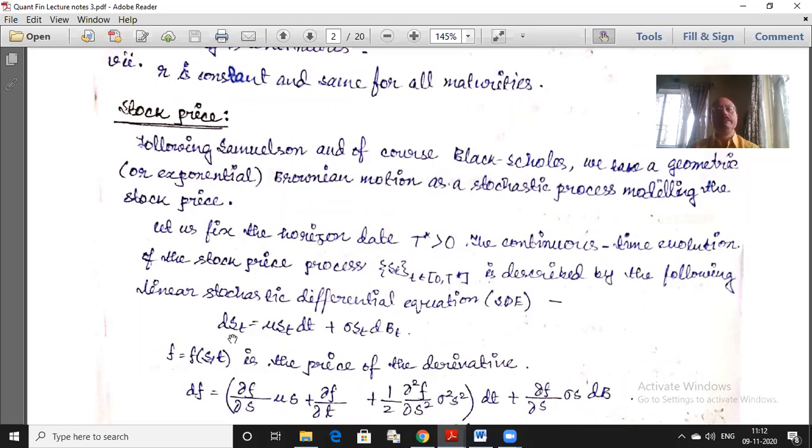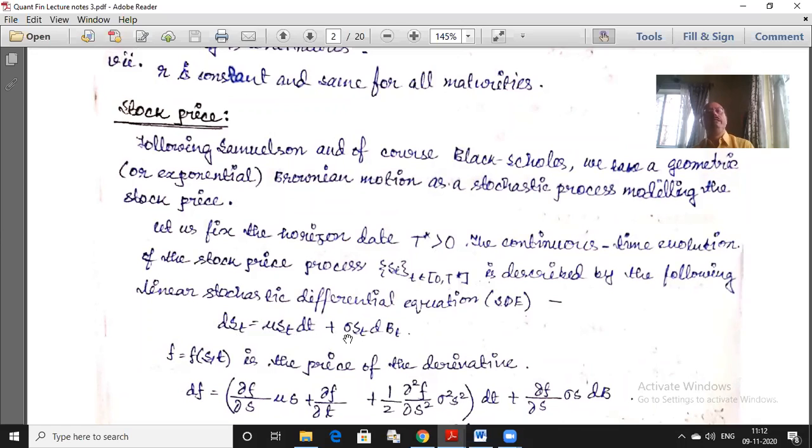So my model is dS_t by S_t. So I can write this S_t on this side, or I can divide dS_t by S_t. So that is given by mu times dt. So this is the dt part. This is my u function, mu, and sigma dB_t. This is the volatility part; mu is the drift part. Sigma is the v function.